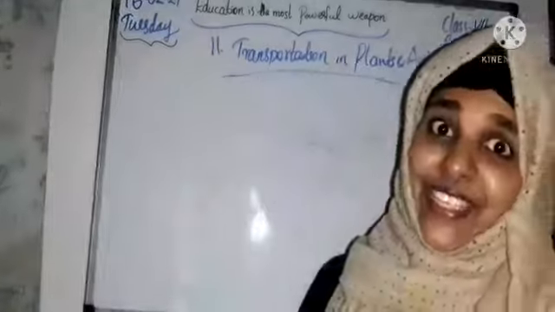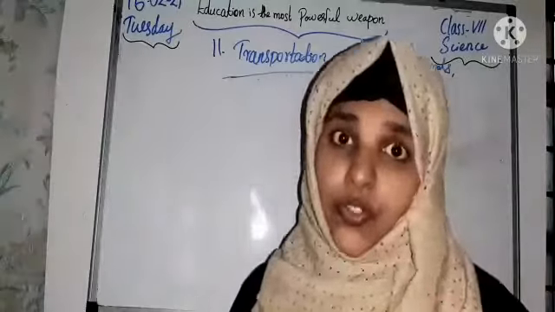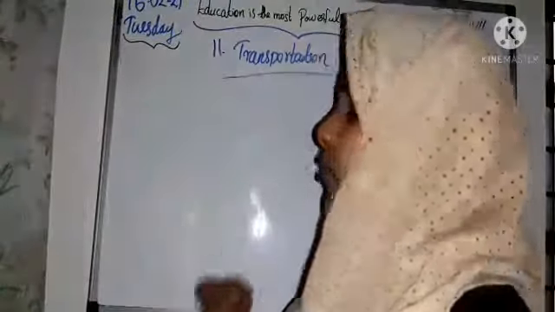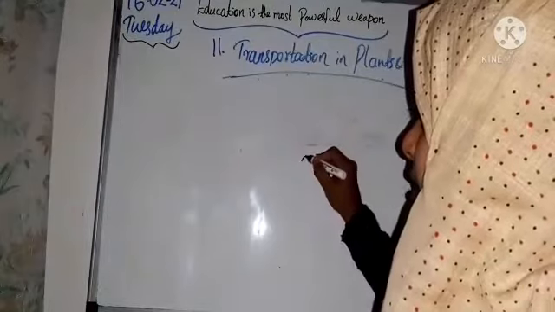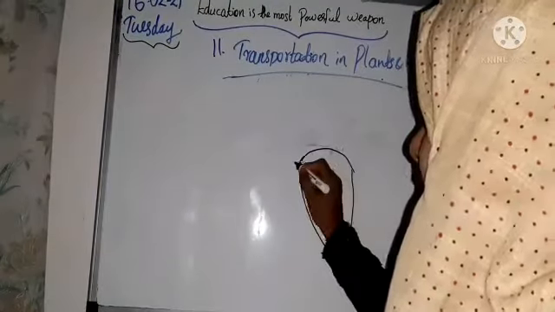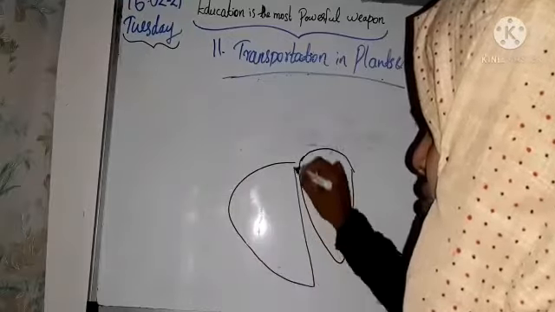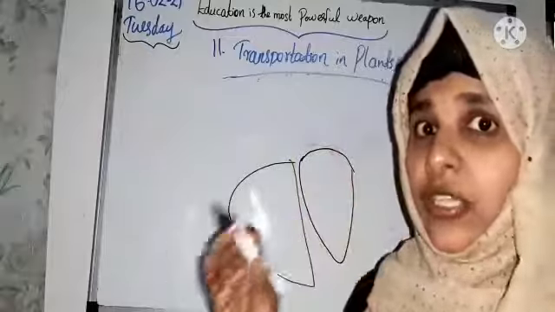So students, let's try to draw a heart. Learning how to draw the section of a heart is very important because it will come in your exam. So here I am drawing. Listen carefully. I already told you, we have four chambers: two chambers on the upper side and two chambers on the lower side.